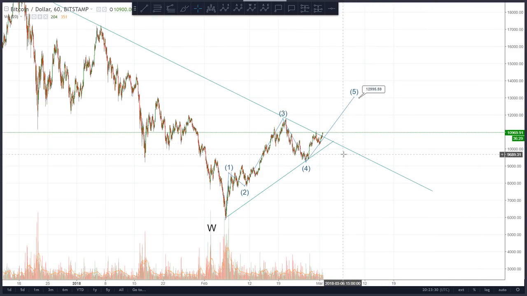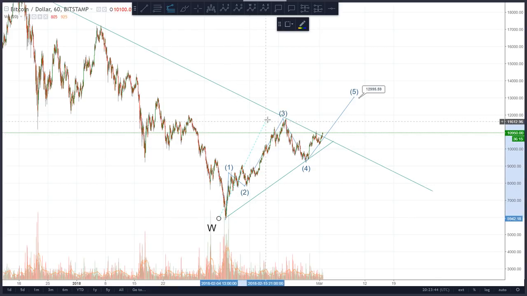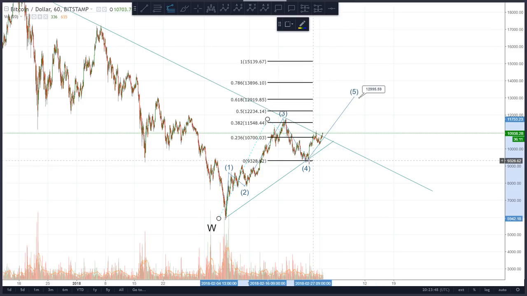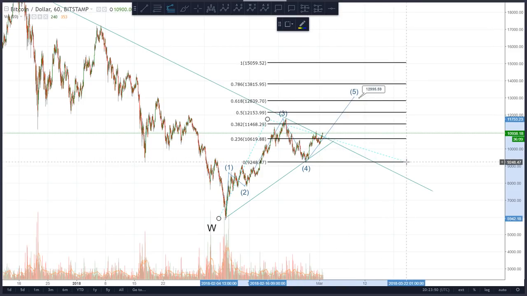So there are several reasons why 13,000 is the target. One way to find out where wave 5 will end is to do a fib extension from the beginning of the wave all the way up to wave 3 and retrace it to where wave 4 ended, and look at the 0.618.